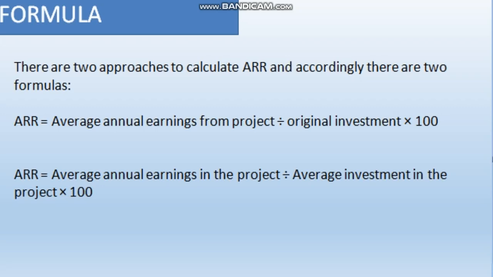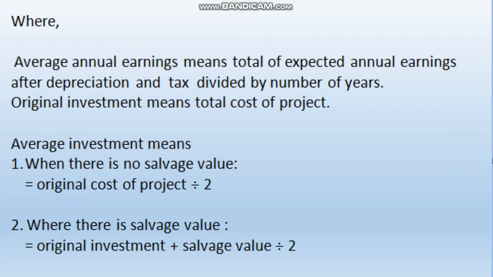And another formula is ARR is equal to average annual earnings in the project divided by average investment in the project into 100. So these are the two formulas which we use to calculate average rate of return.